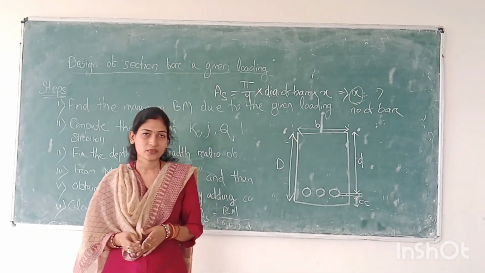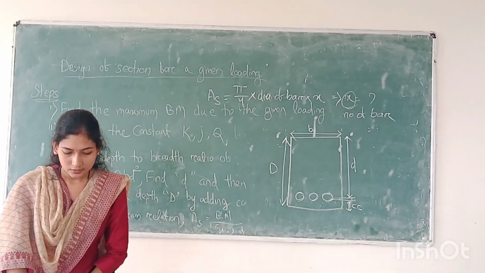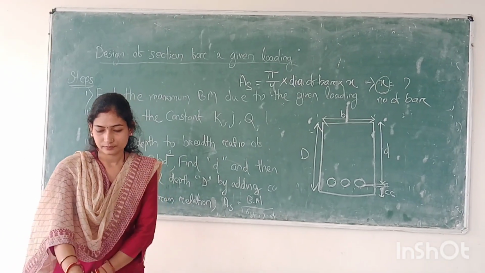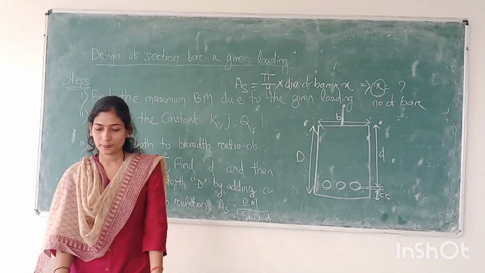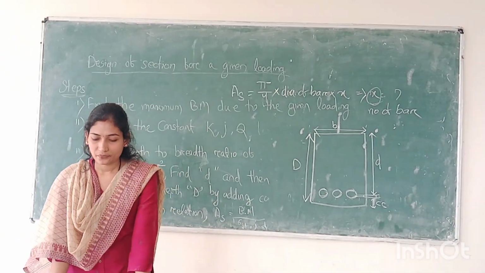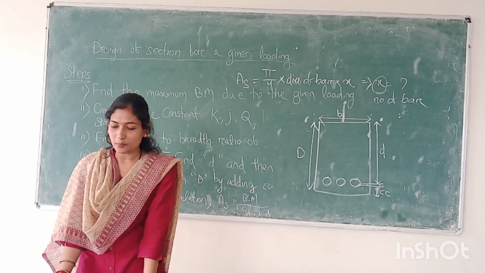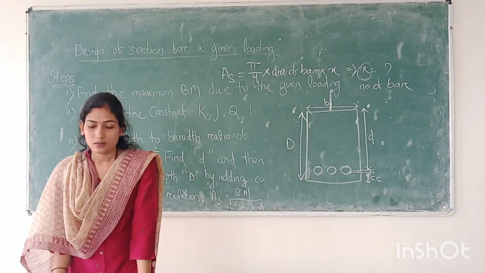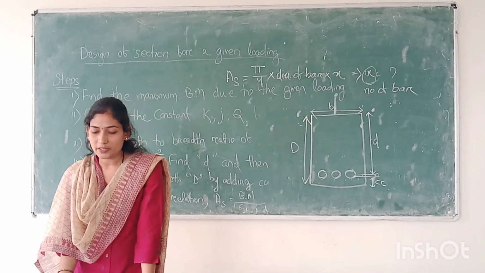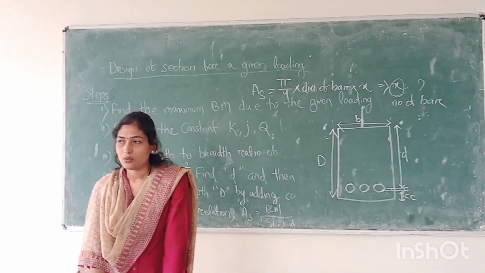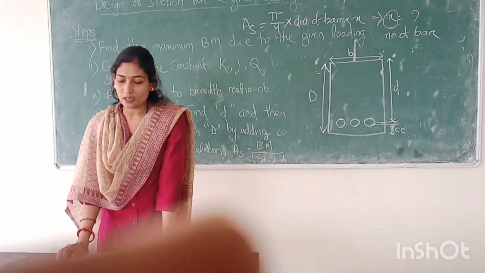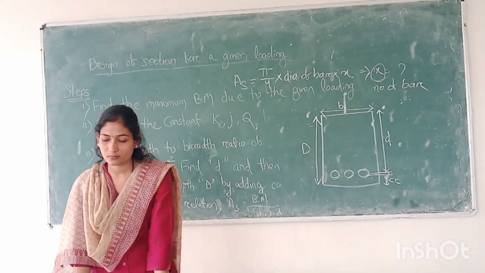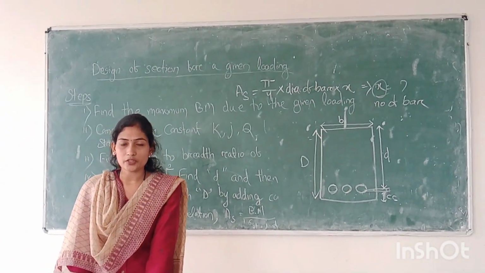Okay. So write the question. Design a simply supported rectangular beam of 5 meters span which carries a UDL of 9 kN per meter.